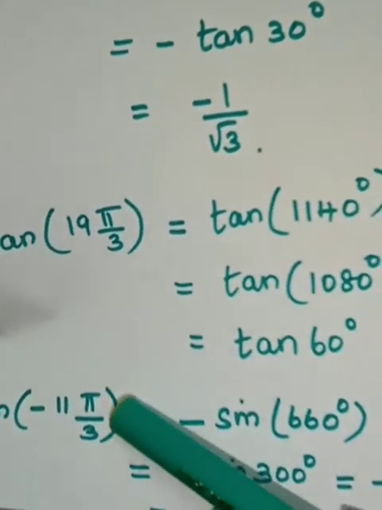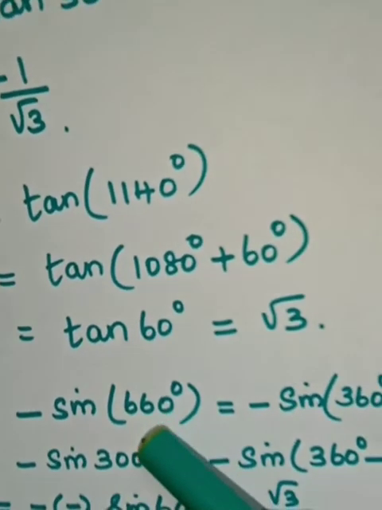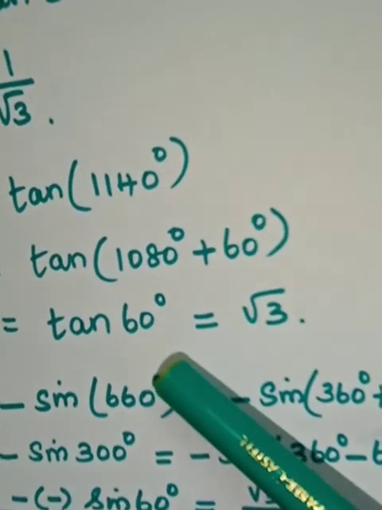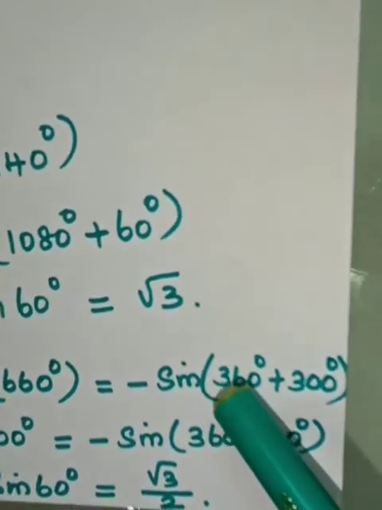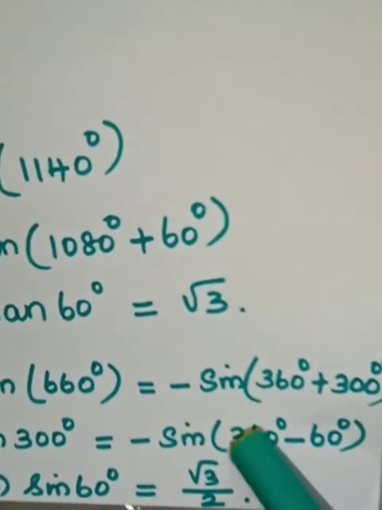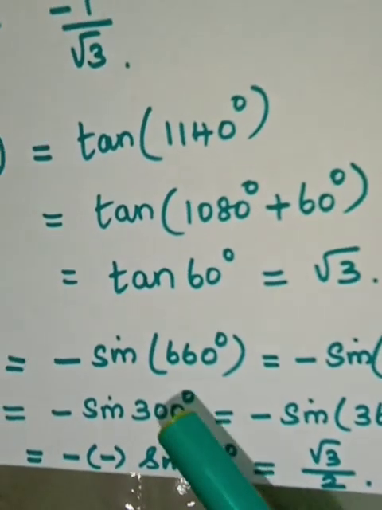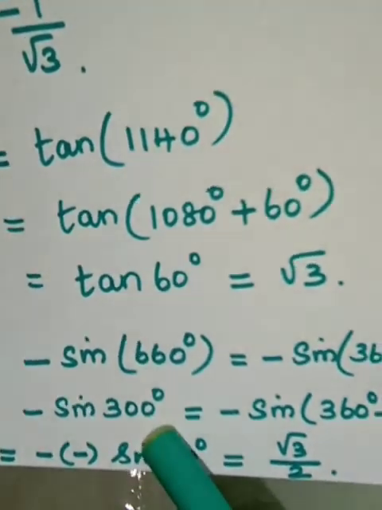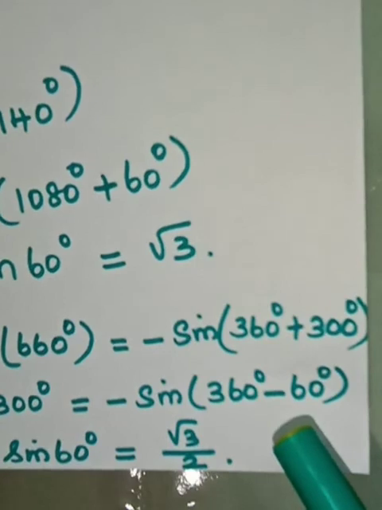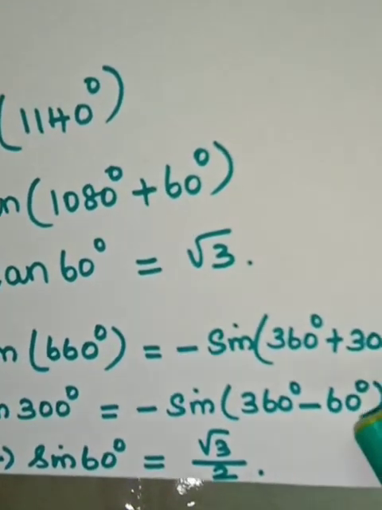Pi by 3 is 60. 60 into 11 is 660. 660 is how much? It is greater than 360. So after making a complete rotation, the remaining angle is 300. So how will it be written? Minus sine 300. So this 300 has to be split as 360 degree minus 60 degree. Otherwise you can write 270 degree plus 30 degree.